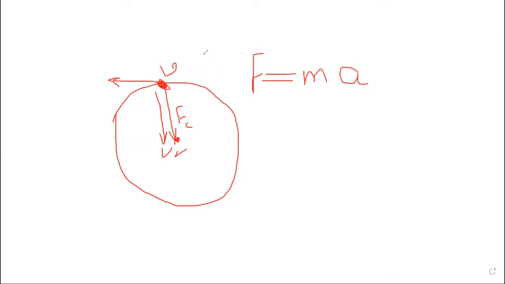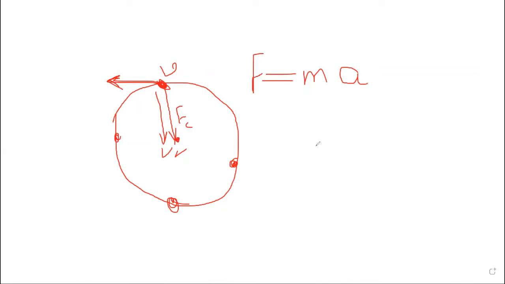In circular motion, for the object at any position like this, or at any position of this circular path, the direction of velocity is all the time perpendicular to the direction of the centripetal force.